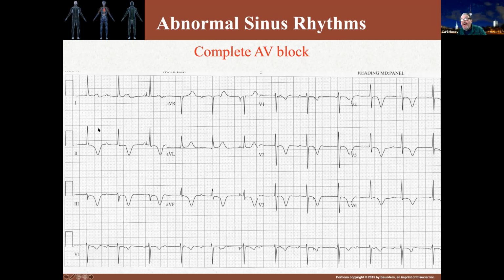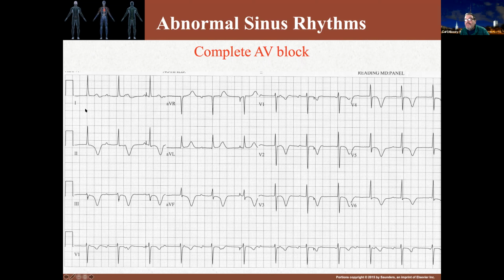So when we look at this, here's a P wave, P wave, P wave, P wave. A P wave is somewhere here, a biphasic looking P wave here. This P wave is probably buried in the T wave here. P wave, et cetera. So there's a regularity in the P waves.